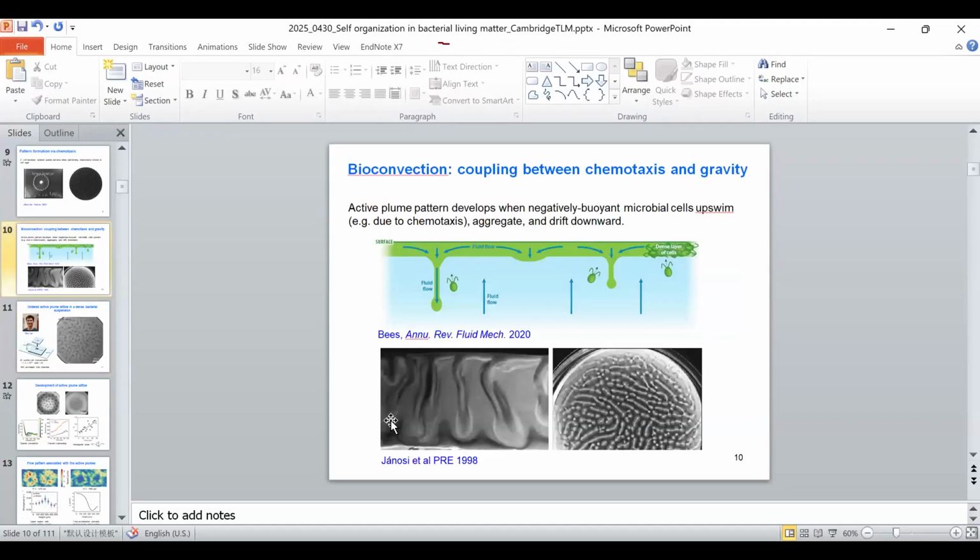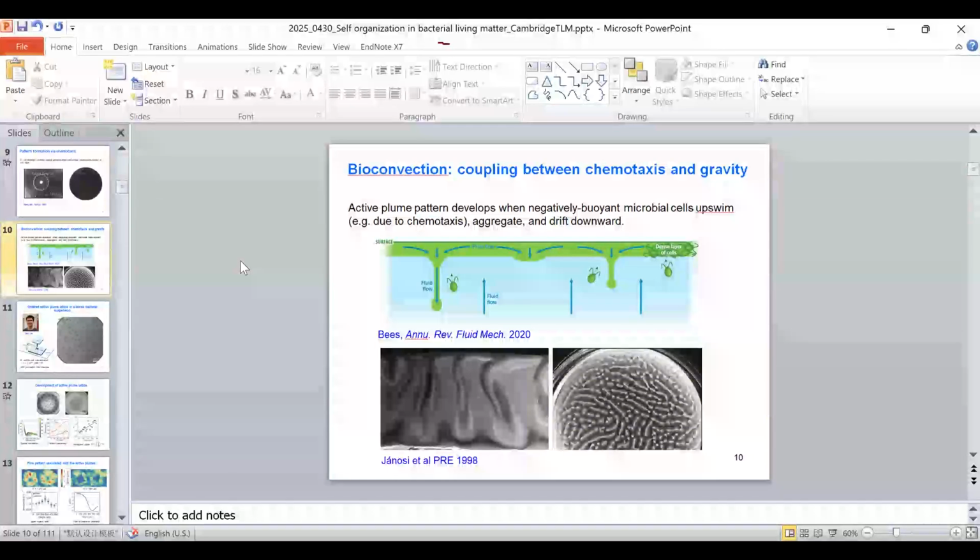So here, if oxygen is at a higher concentration at the top and lower concentration at the bottom, then their intracellular signaling pathways would lead them to move up towards the higher concentration region. Oh, sorry, I misunderstood. I thought you said anaerobic. Aerobic, okay. Yeah.